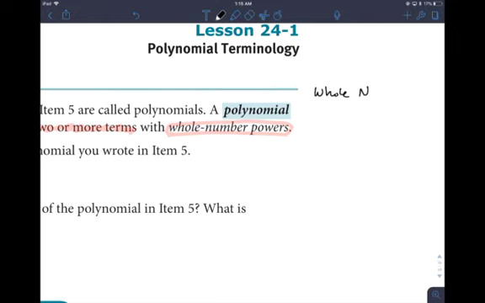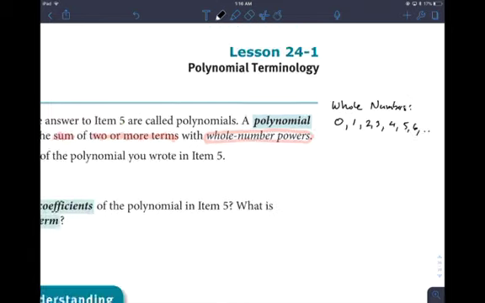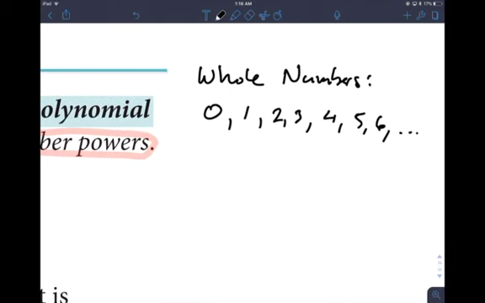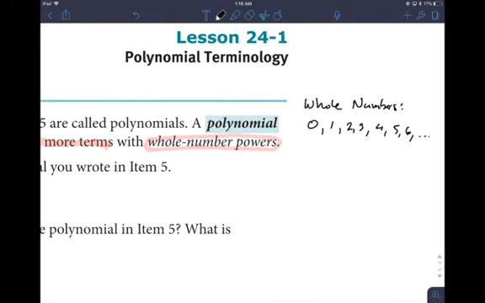Whole numbers start with 0, 1, 2, 3, 4, 5, 6, 7, 8, 9, 10, and it goes on. So if I'm going to have a polynomial, the powers have to be whole numbers. It could be 0, 1, 3, 4, 5, 6, 7, 100, up to 105, and so on. But it has to be whole numbers.